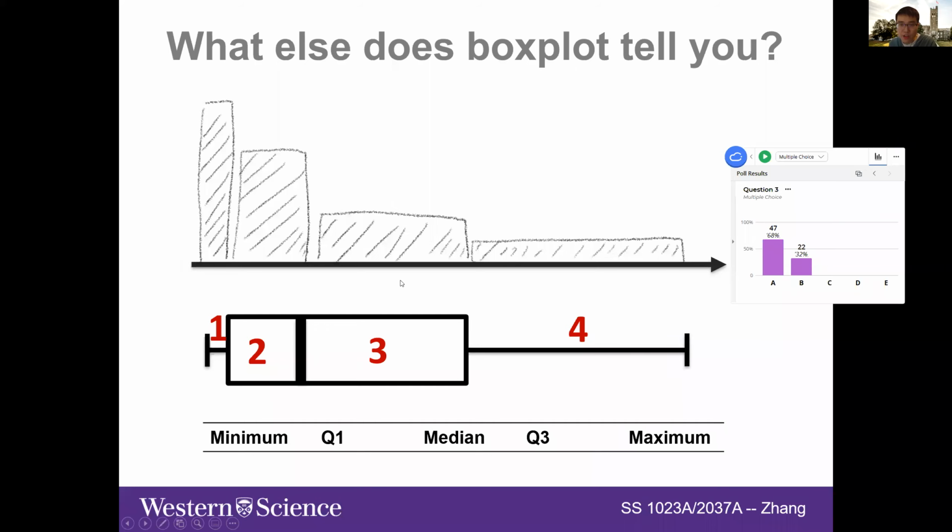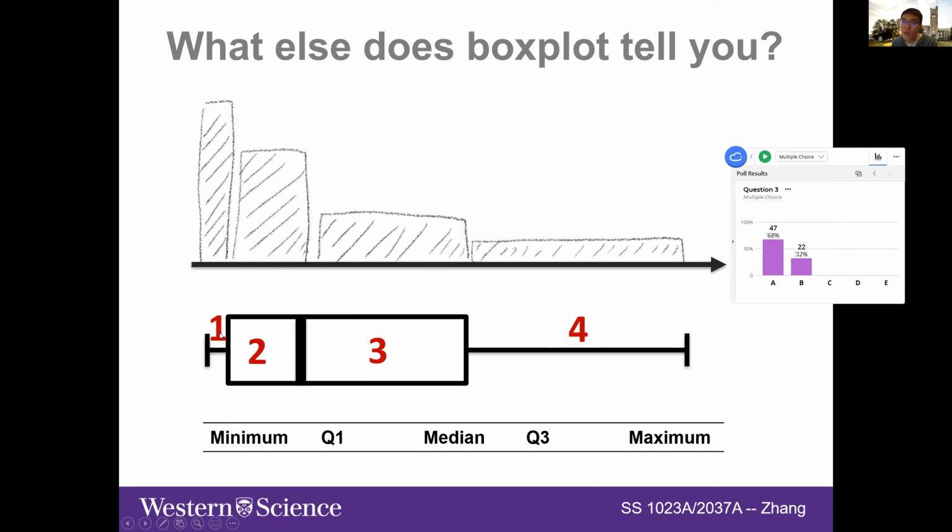How do we know from the box plot that the count is decreasing? You can tell from the interval in each region, right? Region 1 has the smallest interval, and 2 is bigger, and 3 is even bigger. So basically, the smaller the region is, the taller the height will be, right?